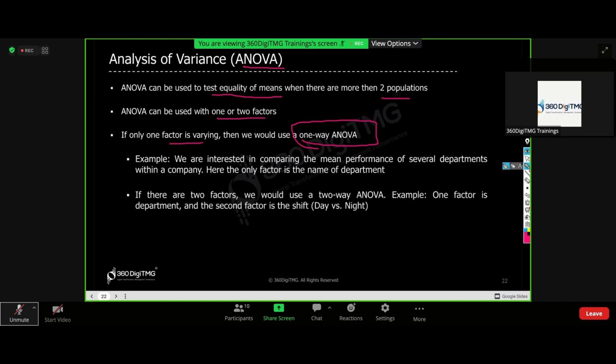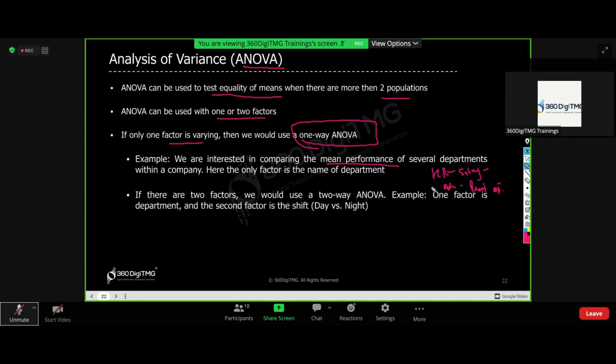For example, if you want to compare the mean performance of several departments within a company, let's say you have HR department, sales department, admin related things, then you have processing department, operations, right? You want to compare the performance of each of these departments.